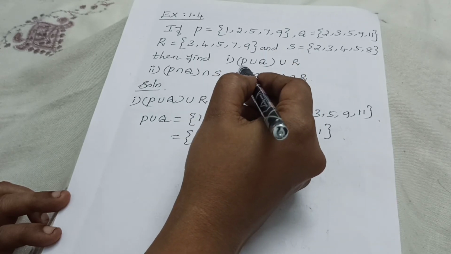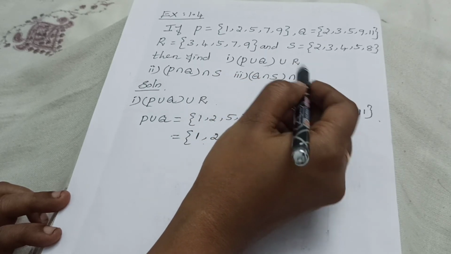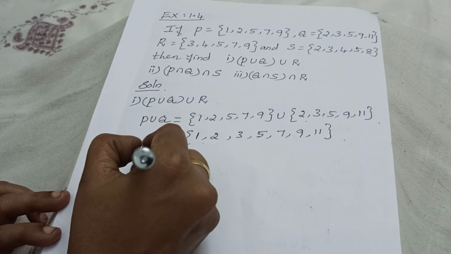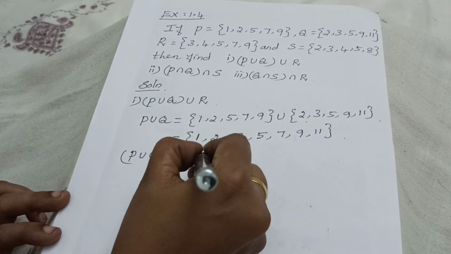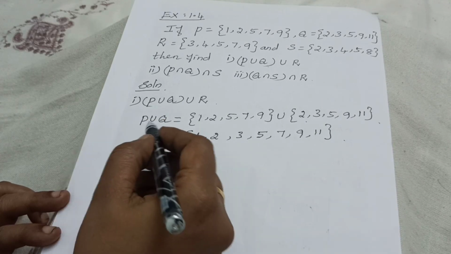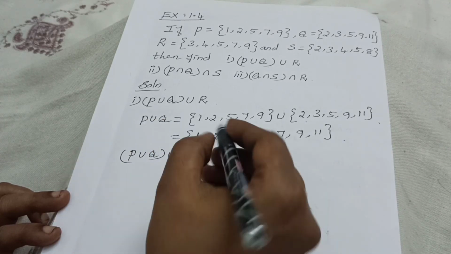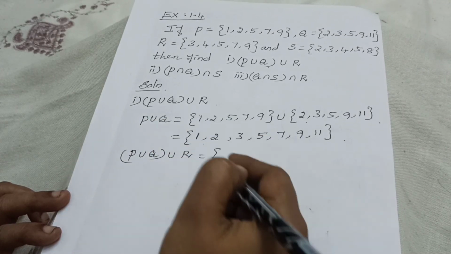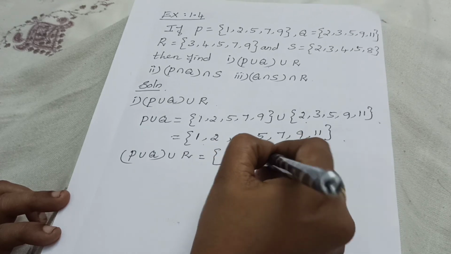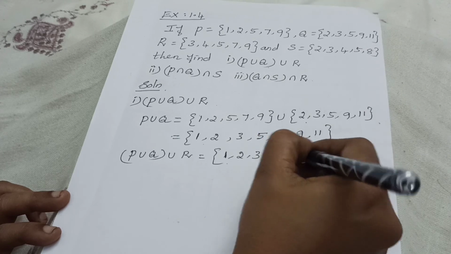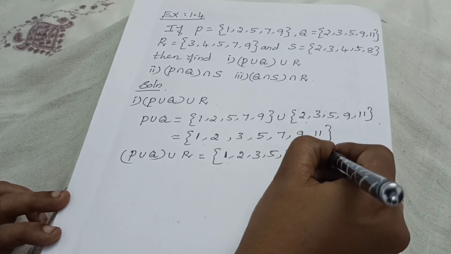Next, P union Q, then union R. We already got the answer for P union Q, isn't it? The values are 1, 2, 3, 5, 7, 9, 11.